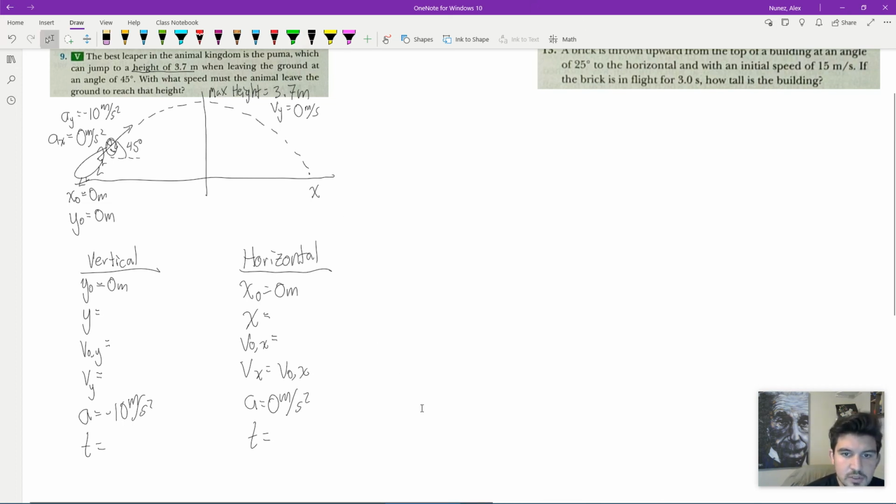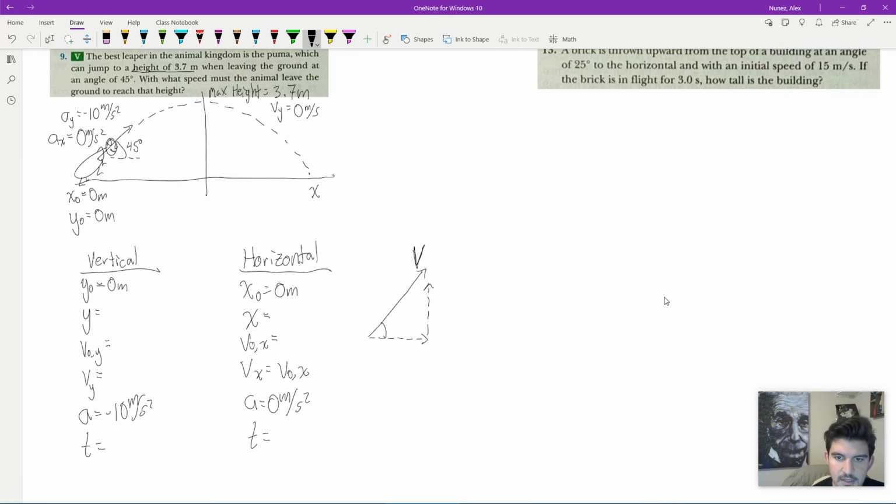One thing that you're going to want to start doing, though, is you're going to want to draw a very simple triangle that represents the initial situation. So we've got a triangle here, and we're going to break it up into its horizontal and its vertical components. We're going to label the hypotenuse of our triangle what I'm calling big V. So this is the initial velocity. This is the velocity that we could actually measure.